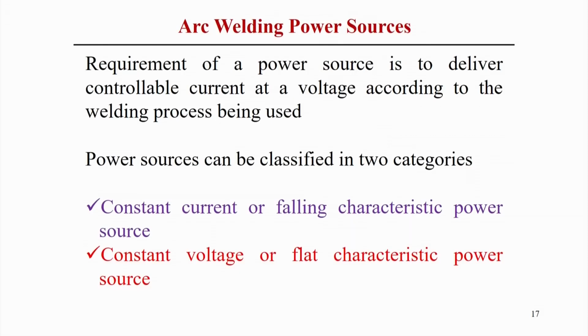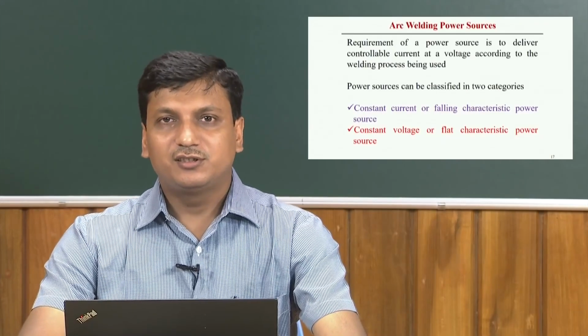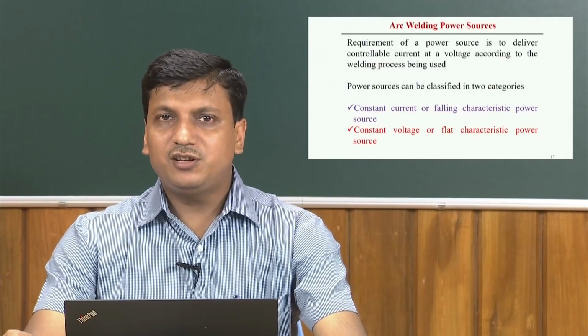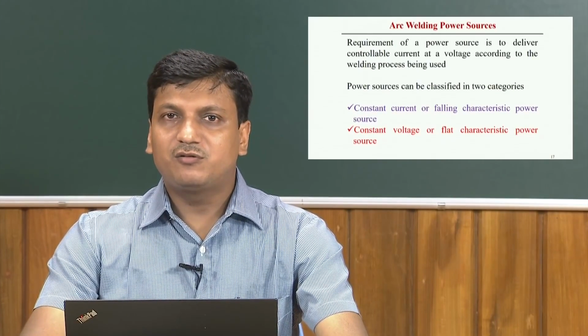So, with these two types of power source, how the current or voltage can be adjusted during the welding process when we use a consumable electrode or normal electrode, or if there is some change in the arc length, or if there are any agents or surface oxide layers present on the workpiece surface, that tends to cause some variation in either the welding current or voltage.